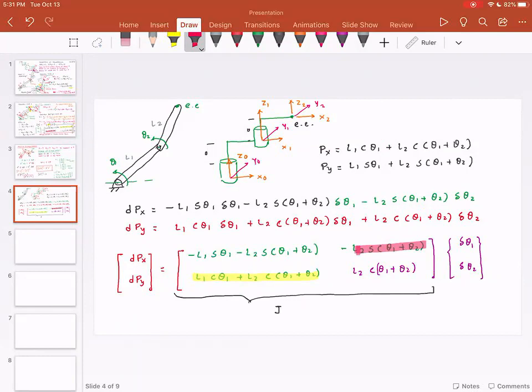It's supposed to be cos. Which term is supposed to be cos?